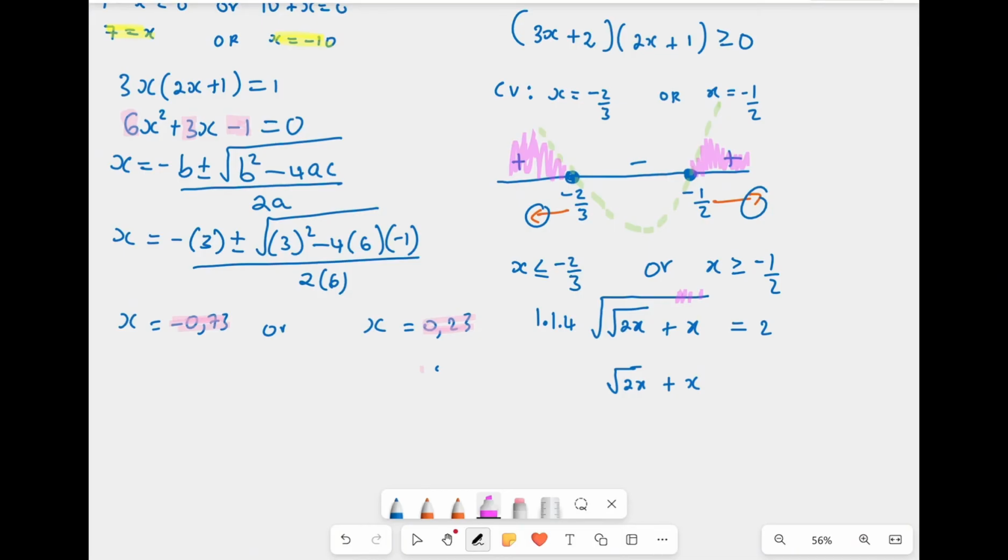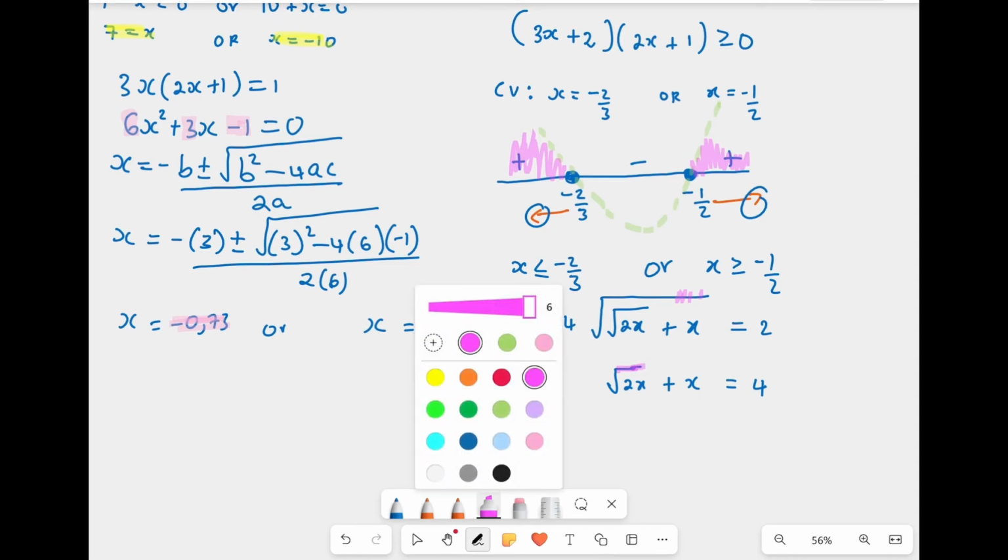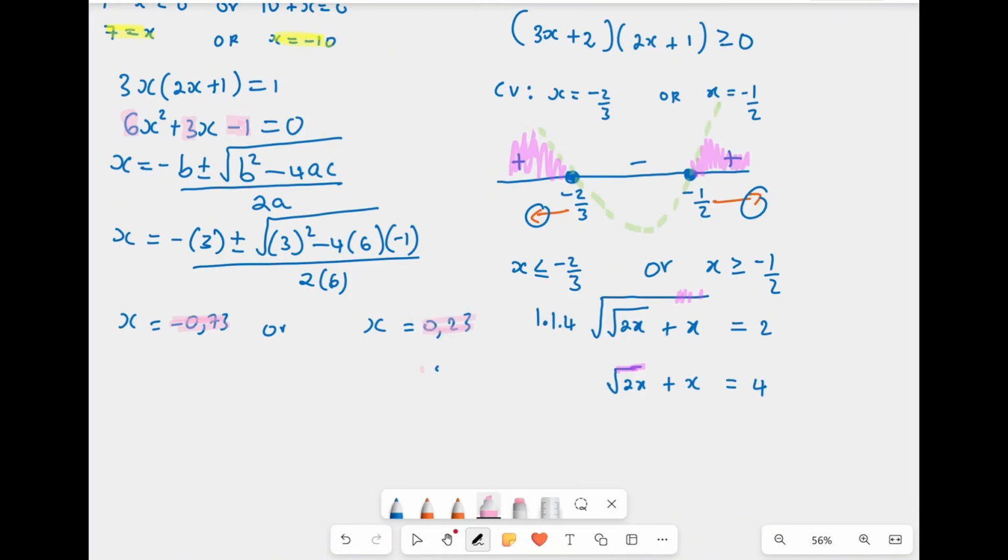And then what is 2 squared? Because I squared on both sides, 2 squared will be positive 4. We can see that we still have a square root here. So that means we still need to square on both sides. But now, before you even square on both sides, make sure that anything that is not under the square root, or anything that is not attached to the square root, is isolated.